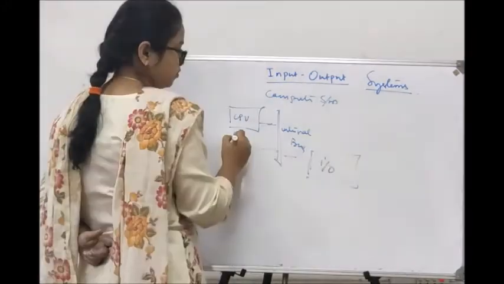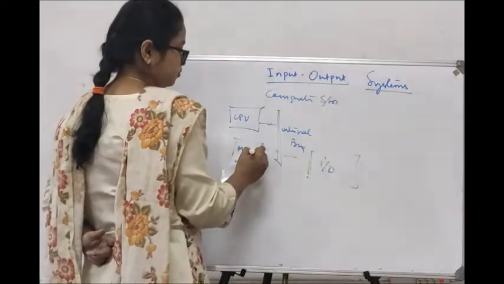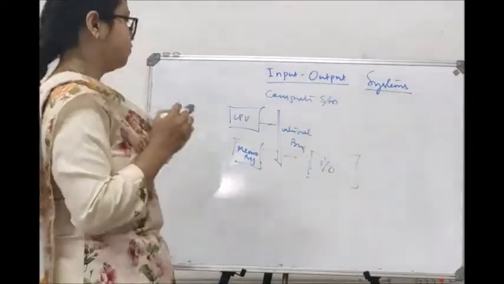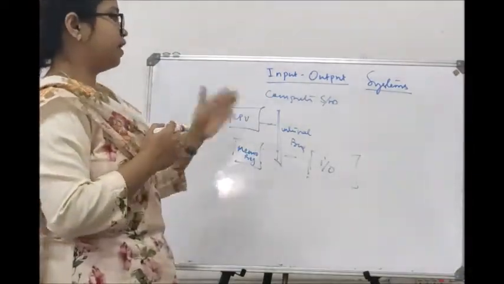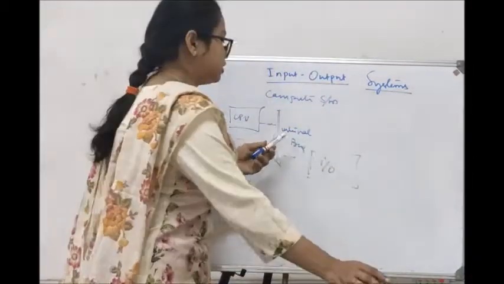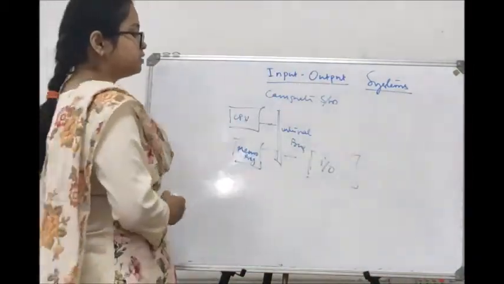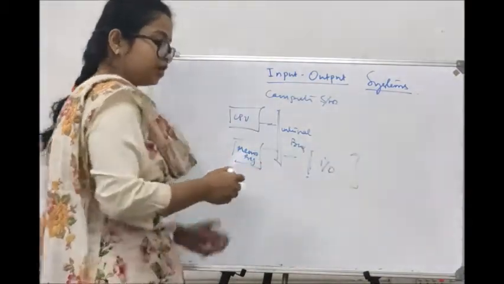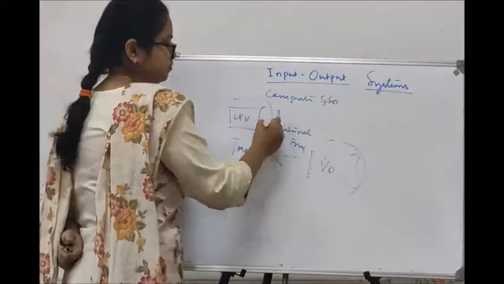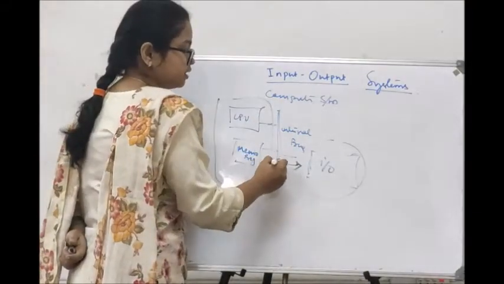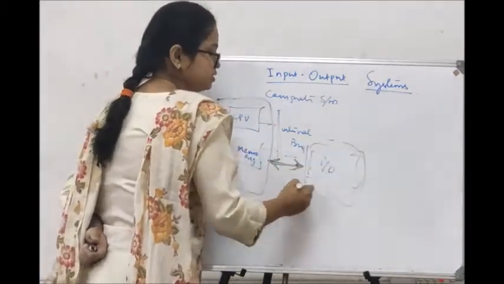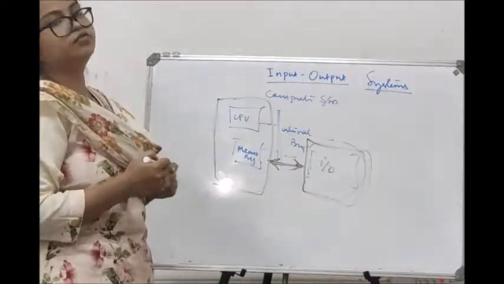Then we have memory. This is more or less what a computer system looks like: CPU, memory, and IO. What we are learning today is how this IO communicates with this entire system. That is the topic of discussion.